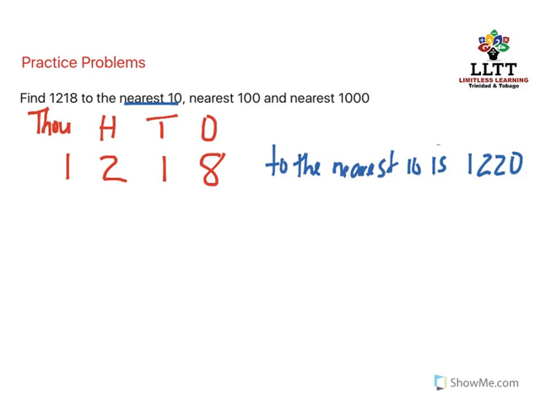Next, we're going to look at the same number, 1,218, and now we're looking at it to the nearest 100. When we're looking at the nearest 100, the digit that we look at is going to be tens. The number of tens is 1, and 1 is less than 5.